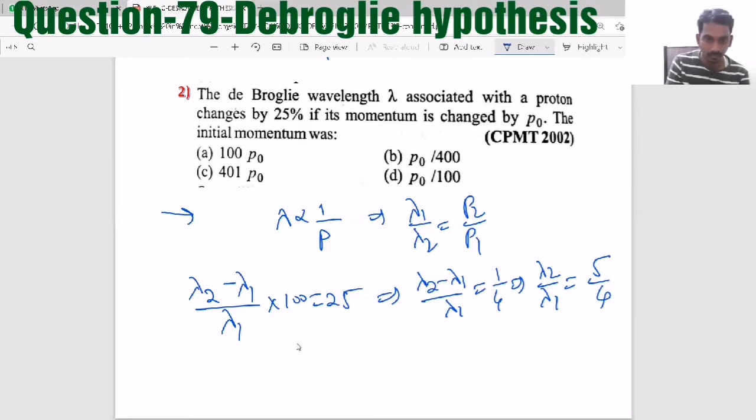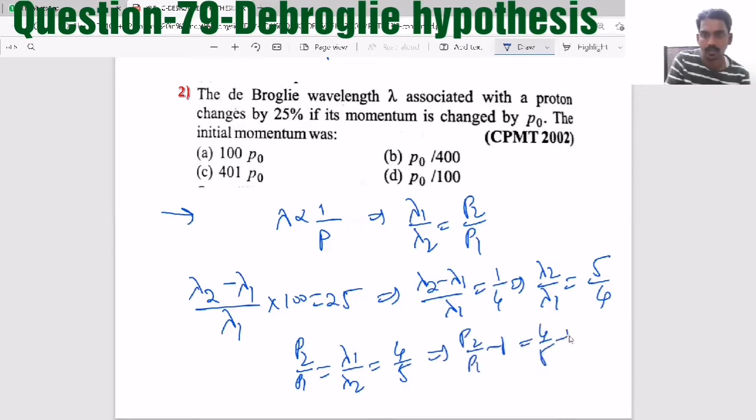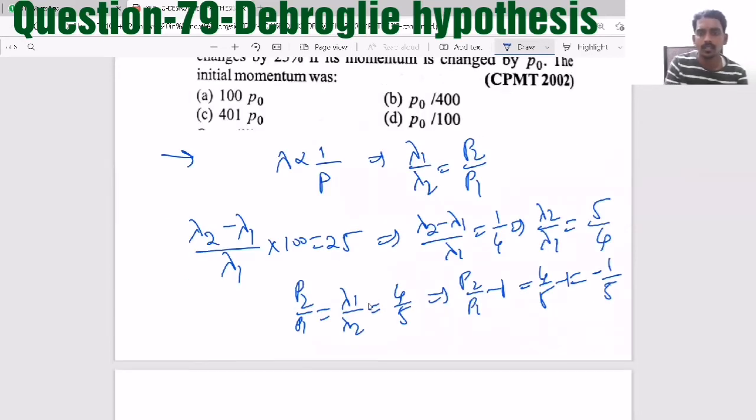Then P2 by P1 equal to lambda 1 by lambda 2, that is 4 by 5, implies P2 by P1 minus 1, if you subtract 1, equal to minus 1 by 5. Now P2 minus P1 by P1 equal to minus 1 by 5.